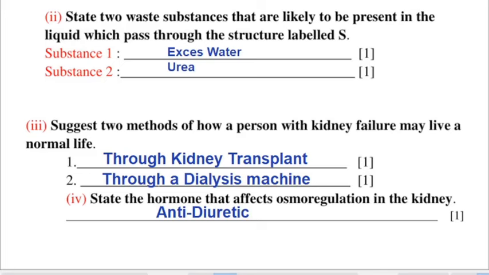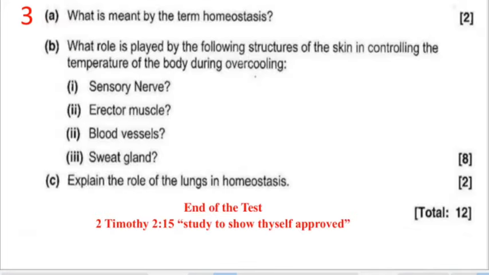We now come to our last question, which is question 3. Under question 3, we have question A, B, and C. Question A, what is meant by the term homeostasis? Then question B, what role is played by the four structures of the skin in controlling the temperature of the body during overcooling?